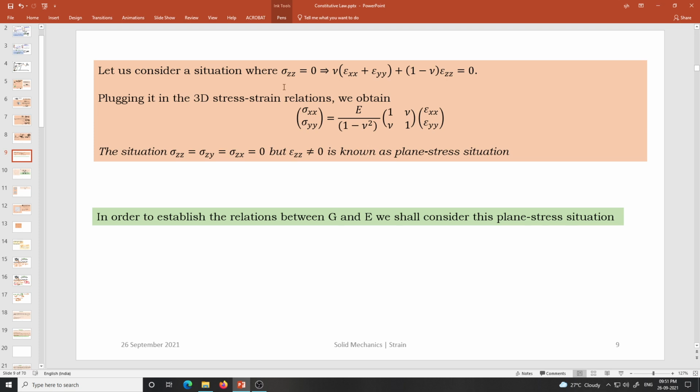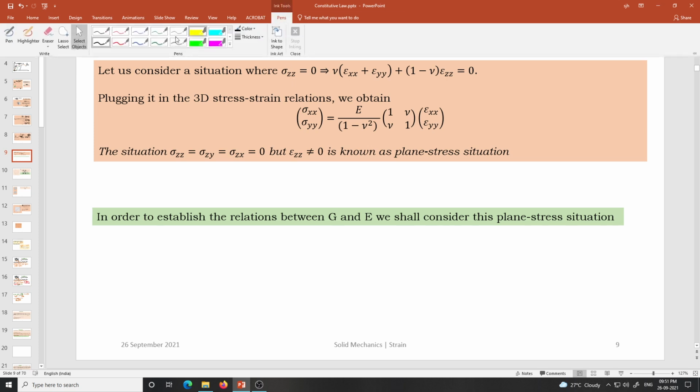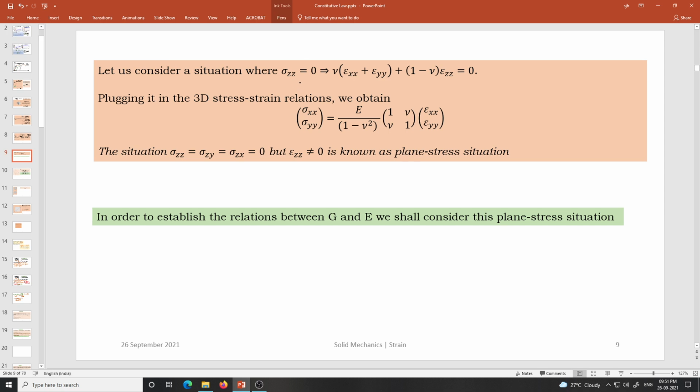And before doing that, we are going to set this condition: sigma zz equals 0.